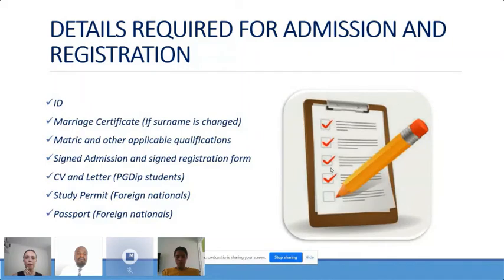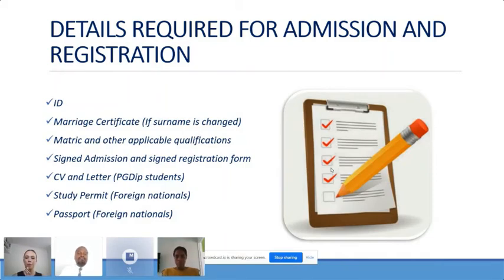This is a copy of your ID. If you have changed your surname, we do require a marriage certificate. And furthermore, if you are applying with us, we do require a matric as a minimum requirement and other applicable qualifications if you want to apply for further qualifications.